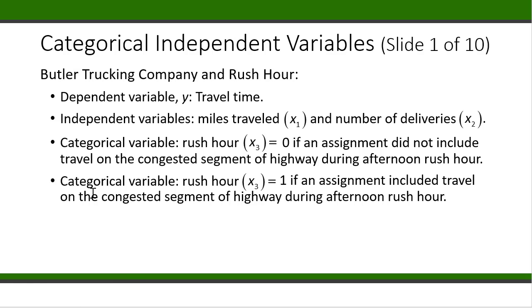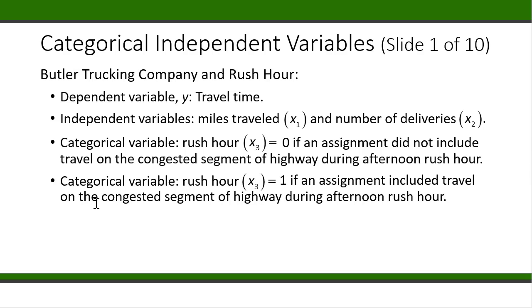So, using the example of the Butler Trucking Company, now we want to include something called rush hour. We have our independent variables, the miles traveled and number of deliveries, but now we're going to add another one called rush hour. Did the assignment include travel in the afternoon rush hour?